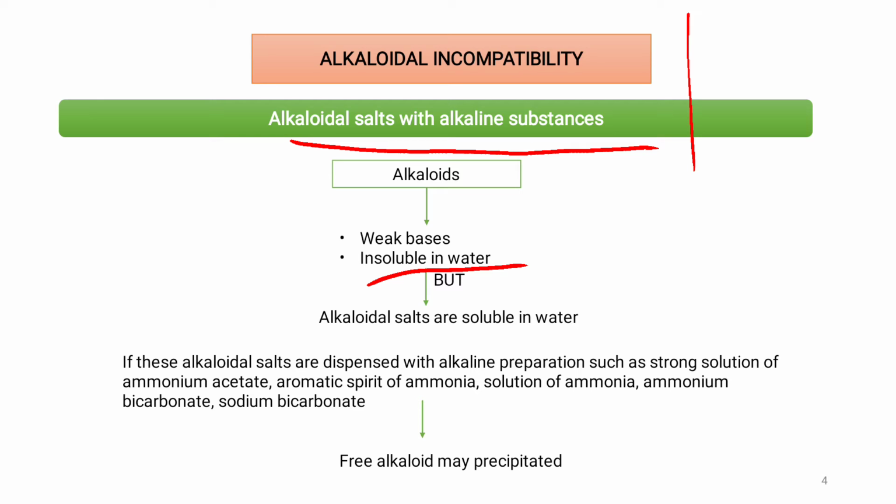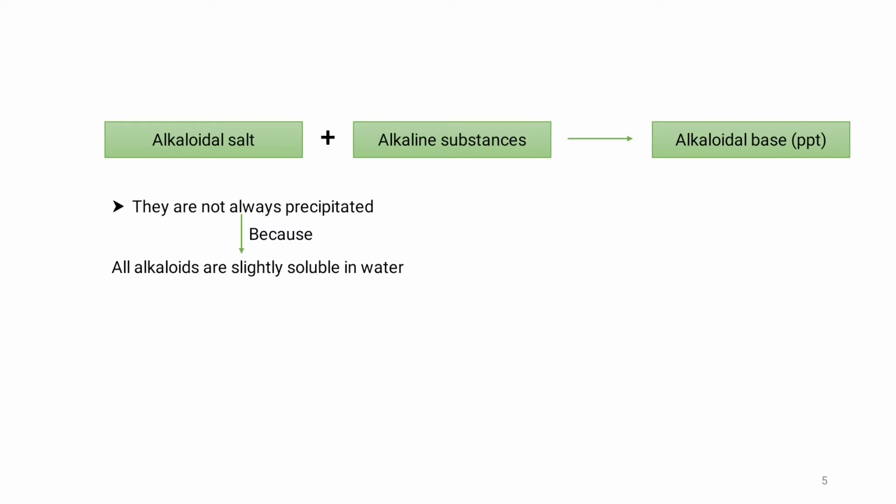If these alkaloidal salts are dispensed with alkaline preparations, free alkaloid may precipitate. Examples of alkaline preparations are strong solution of ammonium acetate, aromatic spirit of ammonia, solution of ammonia, ammonium bicarbonate, sodium bicarbonate, etc. Any of these mixed with the alkaloidal salt forms the alkaloidal base, which gets precipitated from the solution.